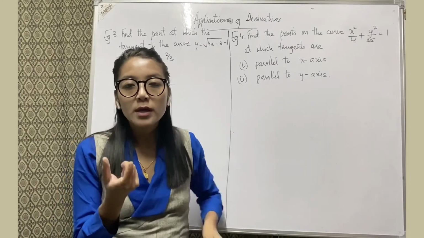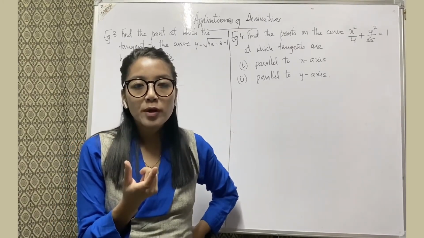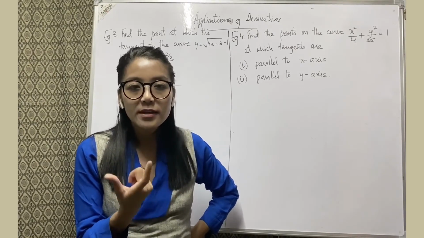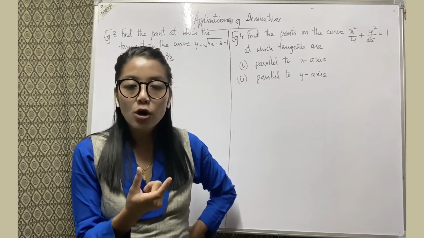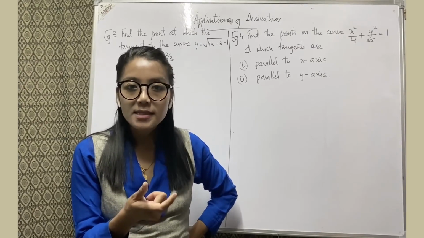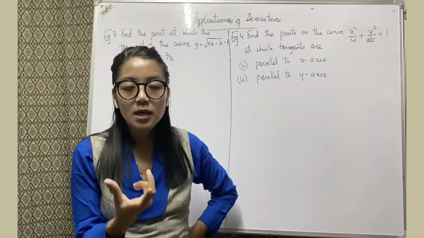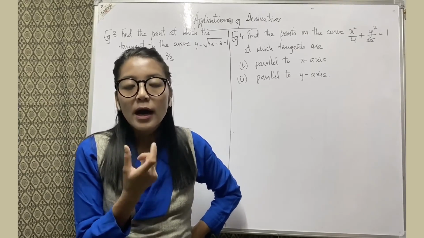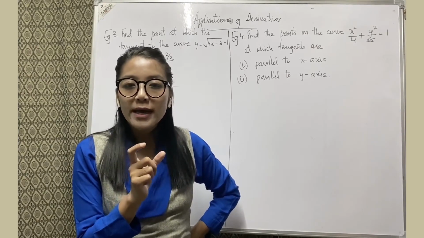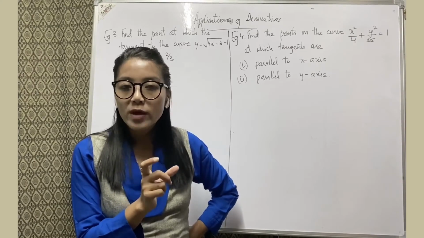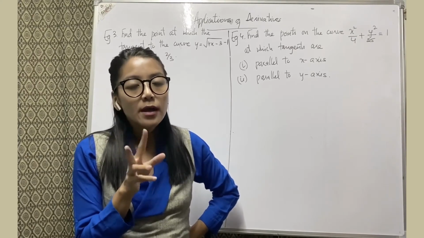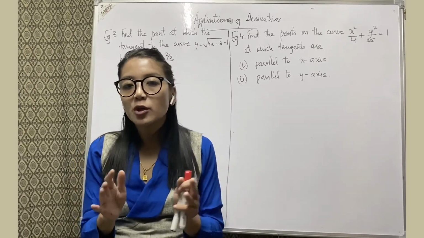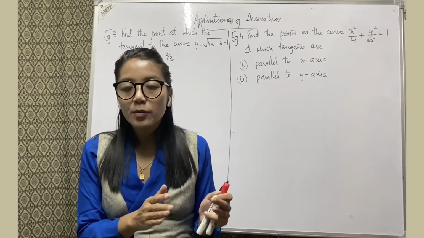If you have a parabola, then one variable is linear and the other is quadratic: either x is linear and y is quadratic, or y is linear and x is quadratic. In a hyperbola, both x and y are quadratic, x square and y square will be there, but they will be of different sign. This is how we differentiate between the equation of ellipse, parabola and hyperbola.